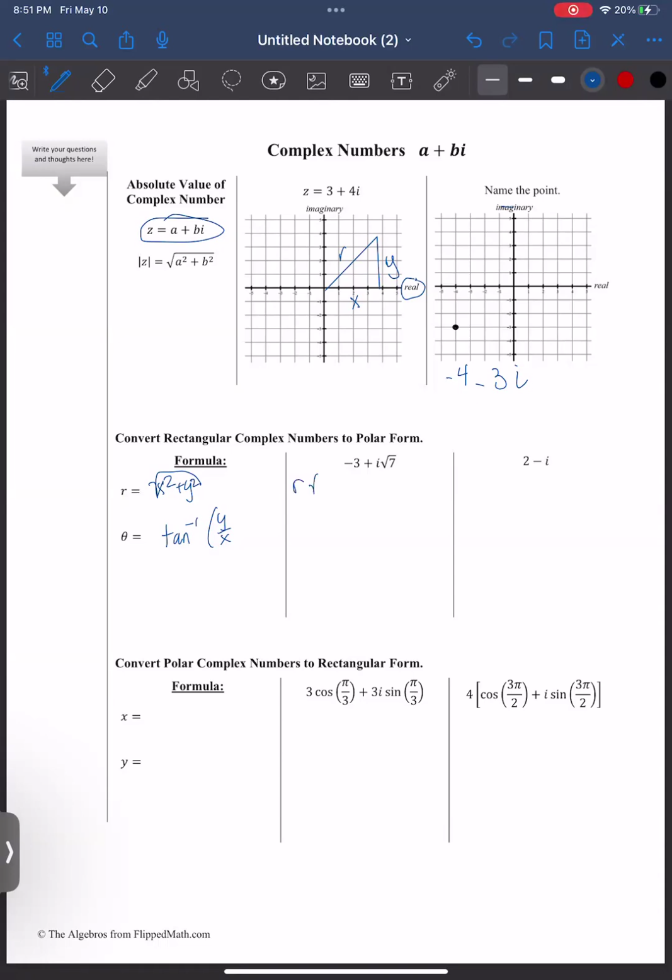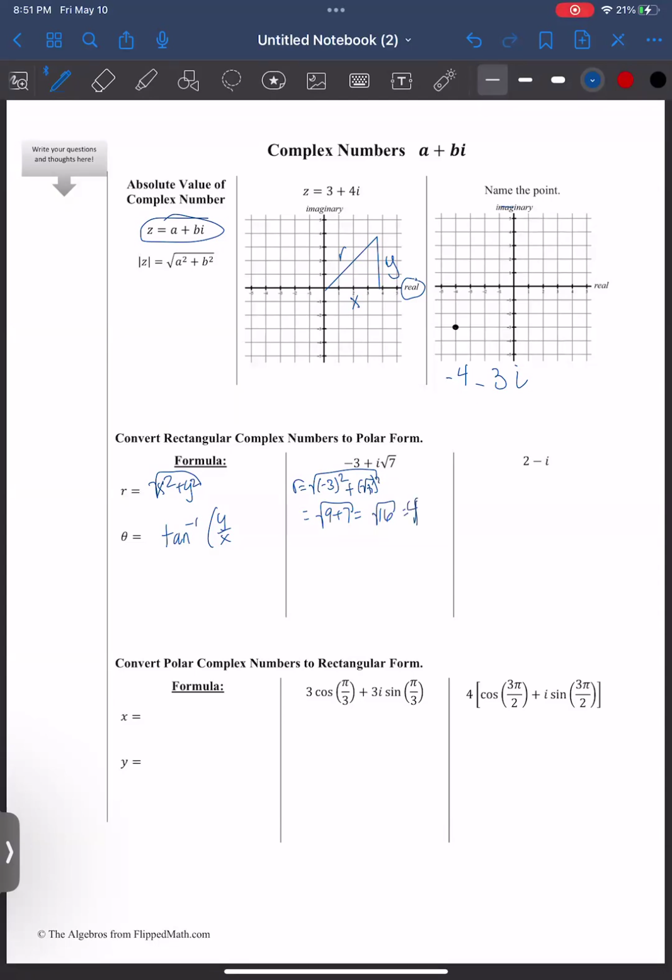So to find my r, I do negative 3 squared plus the square root of 7 squared, which is 9 plus 7, the square root of 16, which is just 4.